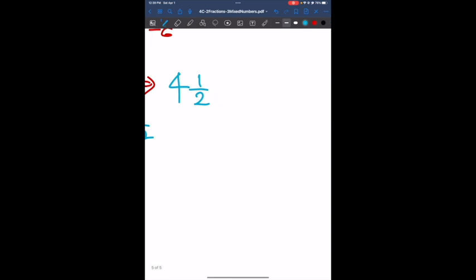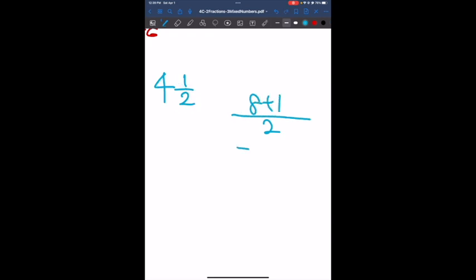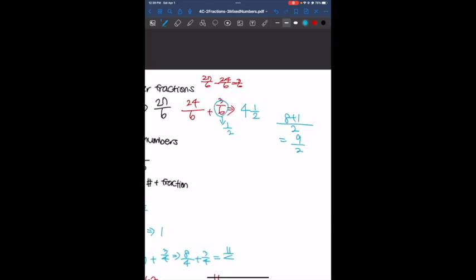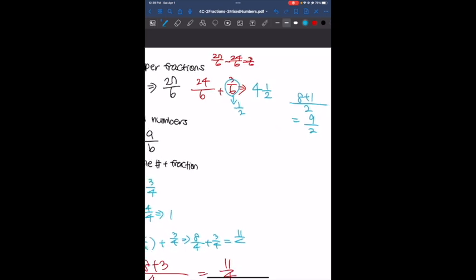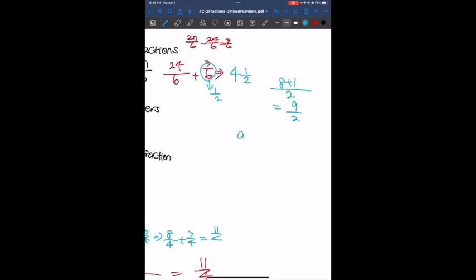If we try the trick to convert a mixed number into an improper fraction: leave the denominator, multiply, and add. So it's going to be 9 over 2. And so some of you might wonder, oh, 9 over 2 is not 27 over 6, but that is due to simplification.